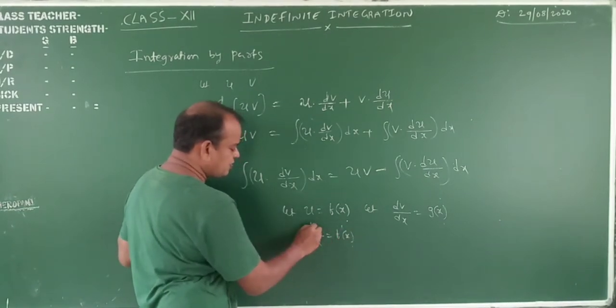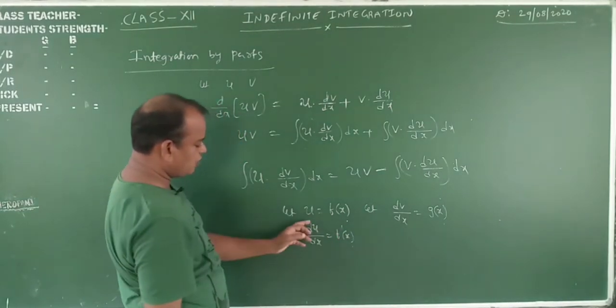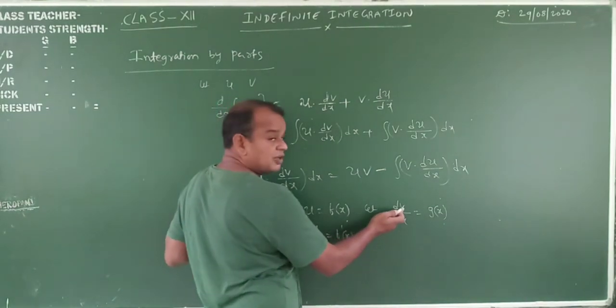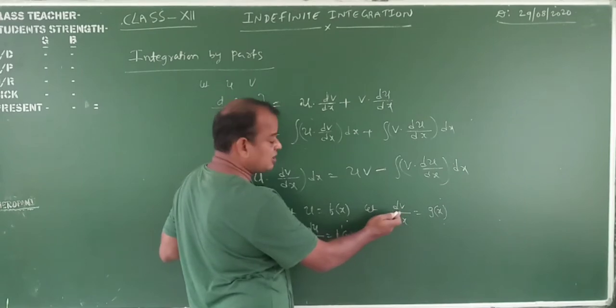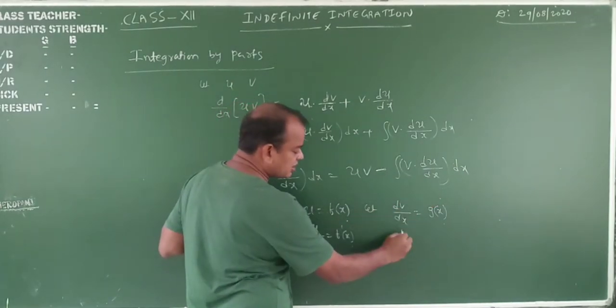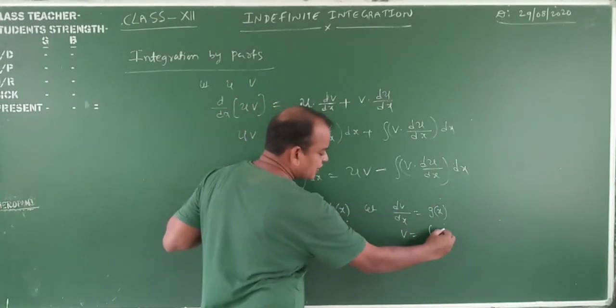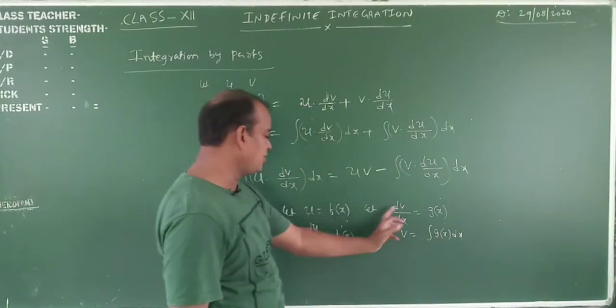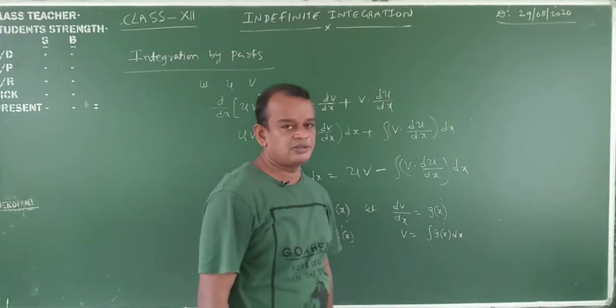Now for v, the antiderivative means integration, so v is equal to the integral of g of x dx. We take the integration on both sides, and derivative and integration cancel with respect to x.